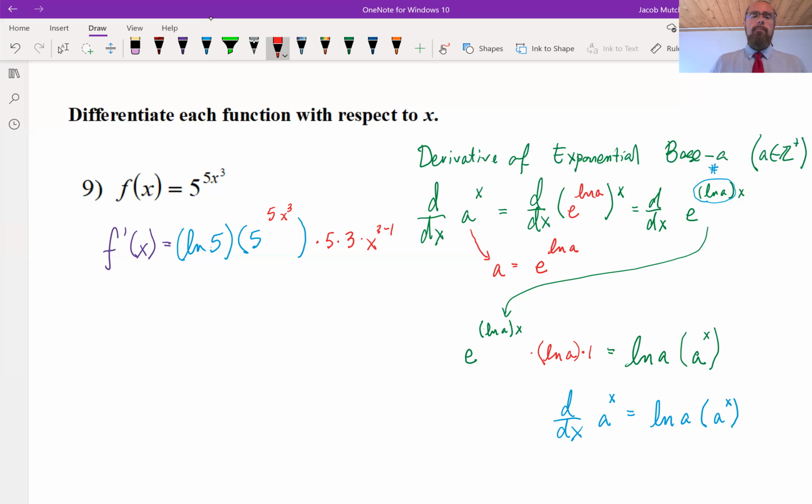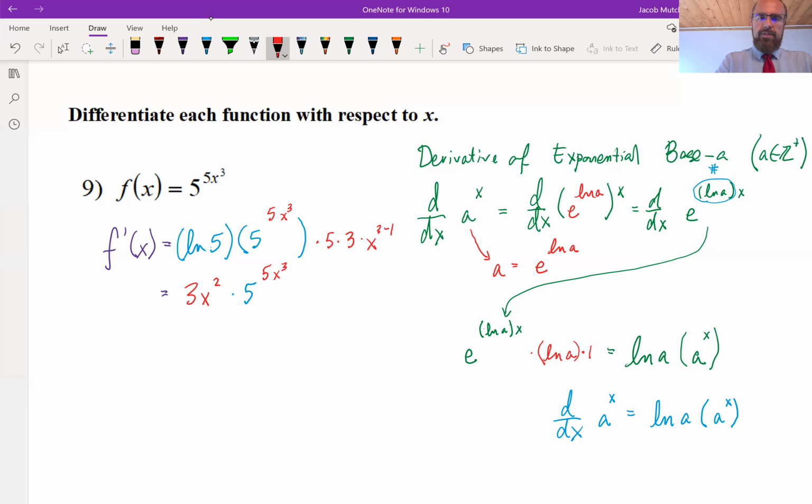What I'm noticing is that instead of multiplying the 5 and the 3, what I can do is bring out 3x squared to the front. And then I want to write base 5, so it's times 5 to the power of 5x cubed.